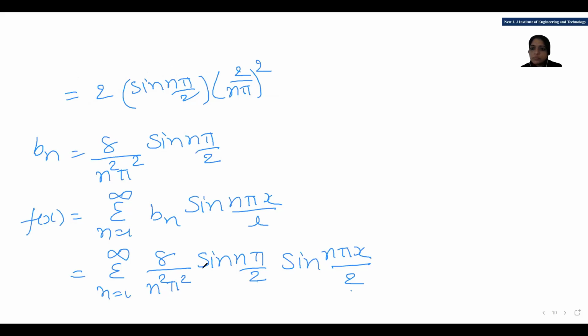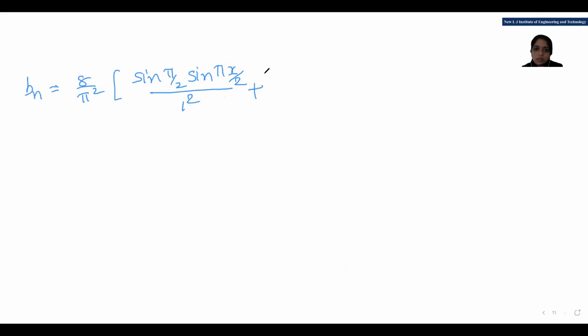And then I have sine pi, and sine pi is 0. 0 into anything is 0. So the next step for the 3. For 2, I will get 0 answer. So for 3, I have sine 3 pi by 2 sine 3 pi x by 2 upon 3 square.